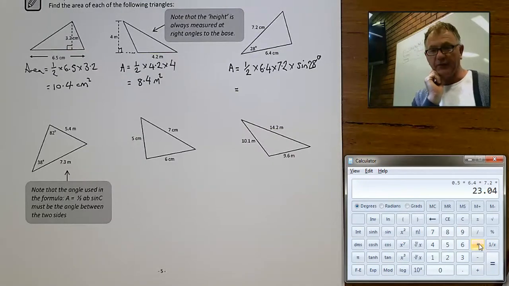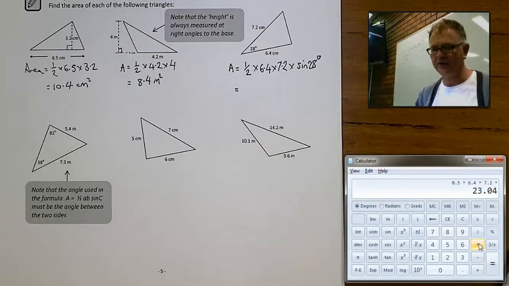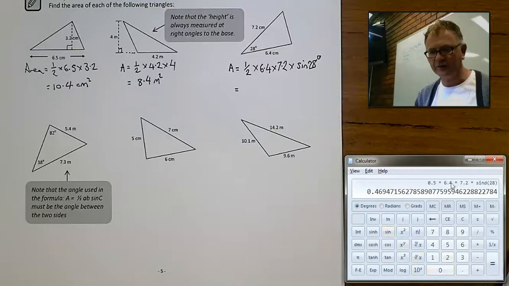Different calculators operate in different ways, and you'll need to check how your calculator works. Sometimes when you want to do the sine of 28, you'll put in 28 and then press the sine button. Sometimes you'll just put in sine 28 as it occurs. It depends on exactly how your calculator works. On this calculator, I have to put in 28 and then take the sine of it, and you can see it says sine in degrees 28.